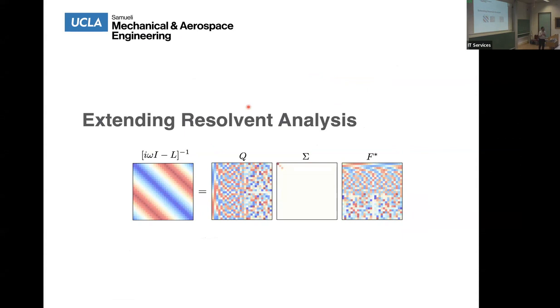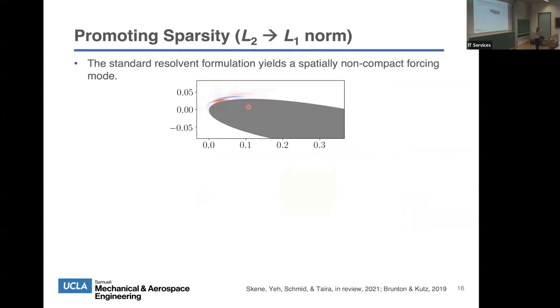Okay, so that was the vanilla version of our resolvent analysis. I want to go a little further with it. The first thing we're going to consider today is what happens if we promote sparsity. The analysis that we've done was based on the L2 norm version of resolvent analysis. When you look at the forcing mode for a particular case, it's actually spread out over some region, right?